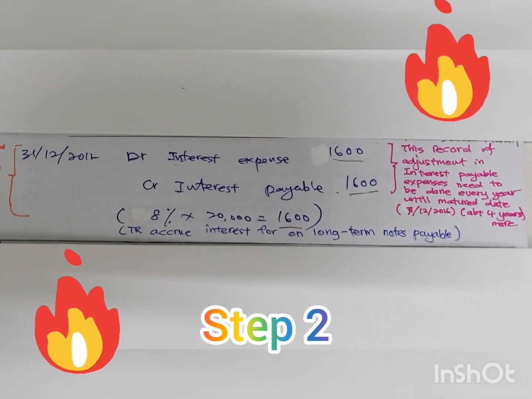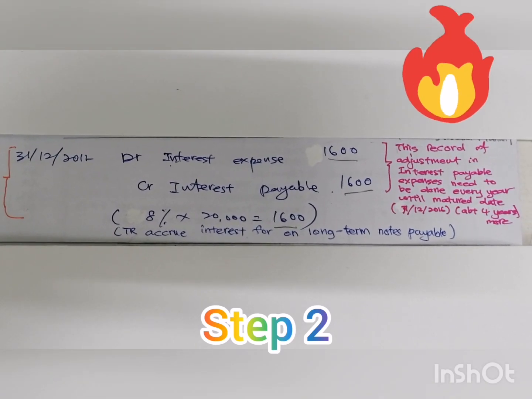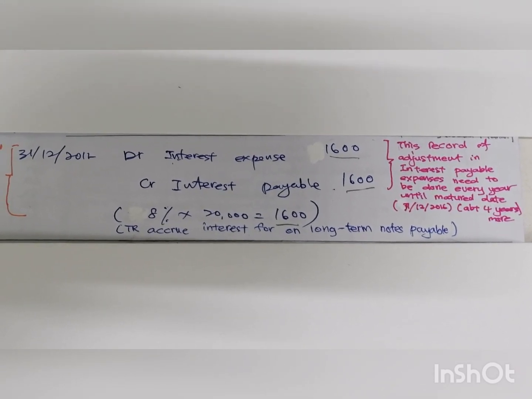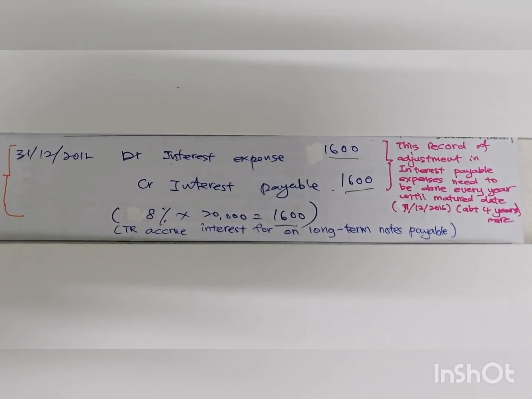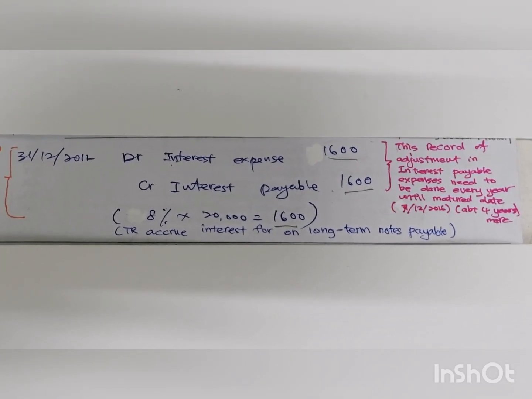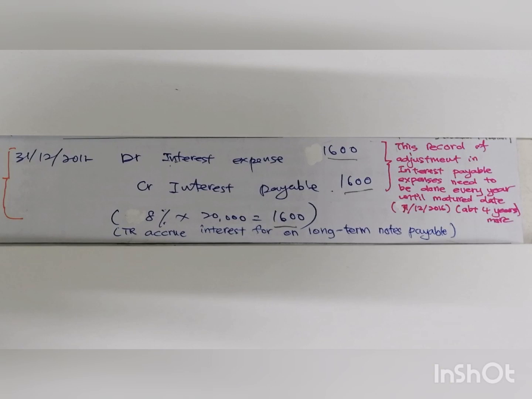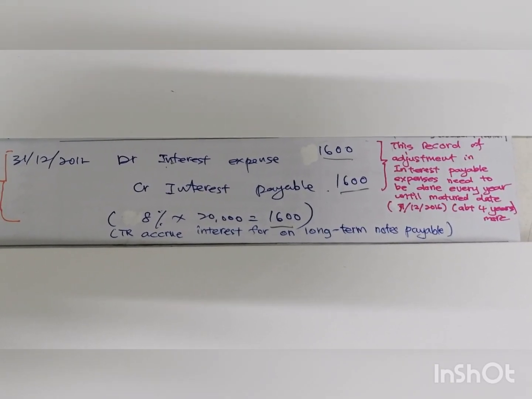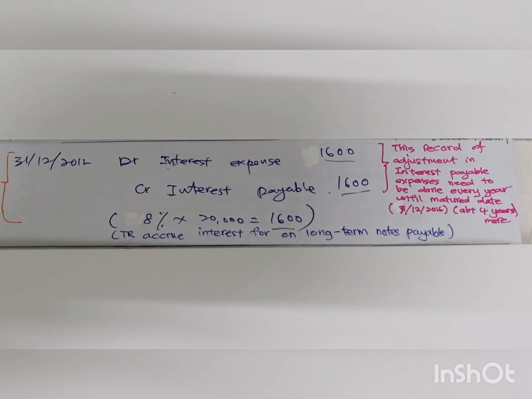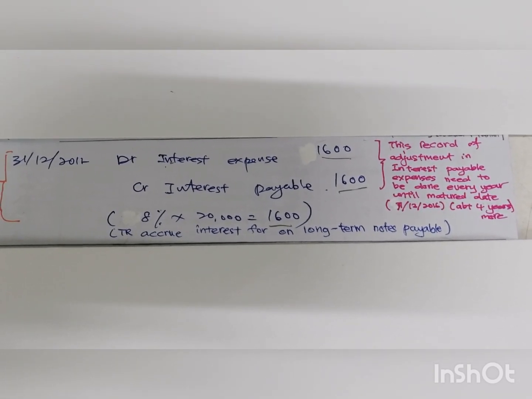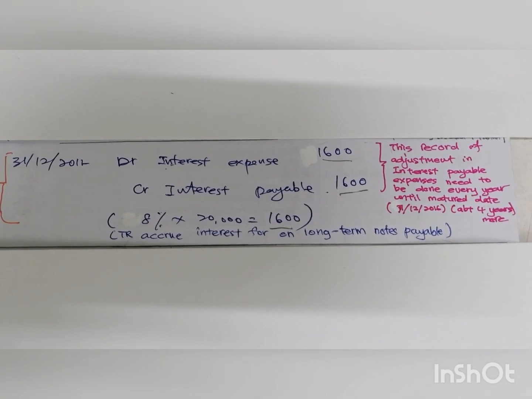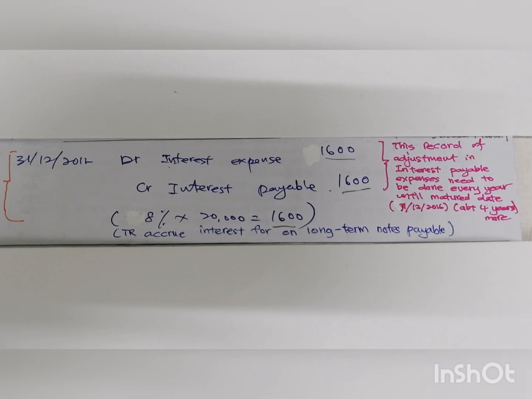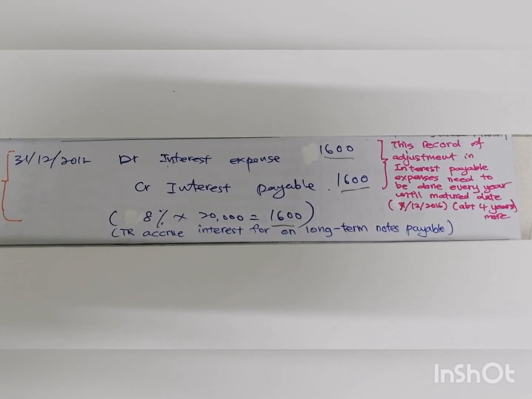Step 2. To record the adjustment of interest payable expense at the end of the accounting period every year until the maturity date. Therefore, for the first year at the end of the accounting period, we should record on 31st December 2012 debit interest expense 1,600 and credit interest payable 1,600.